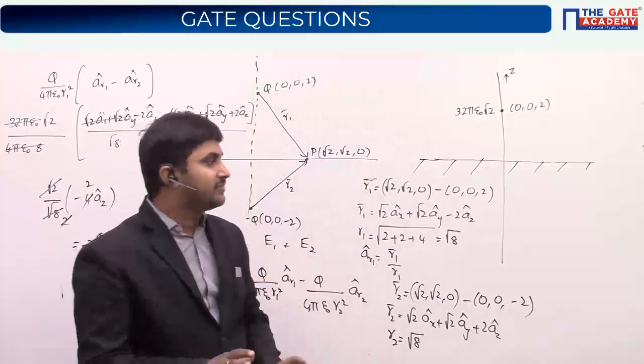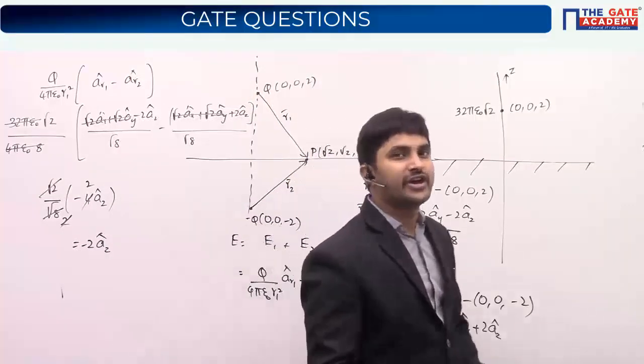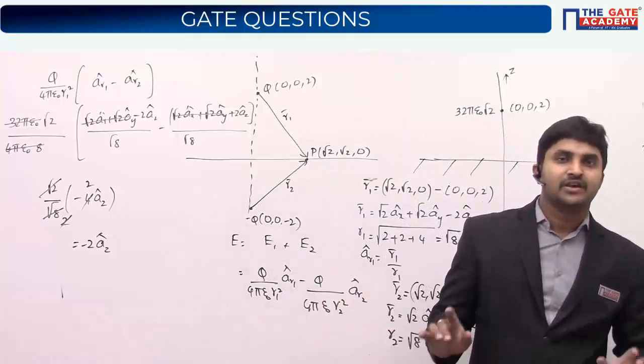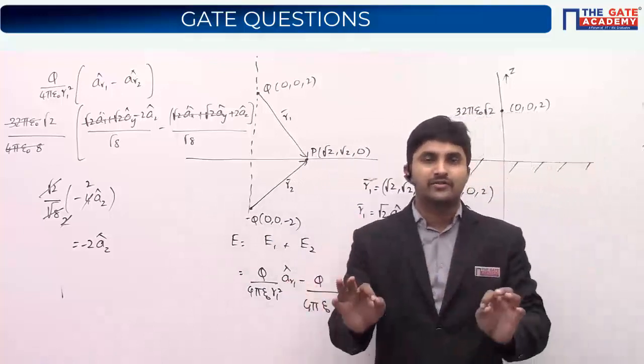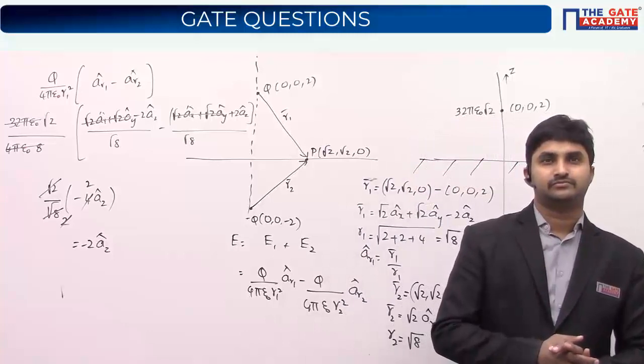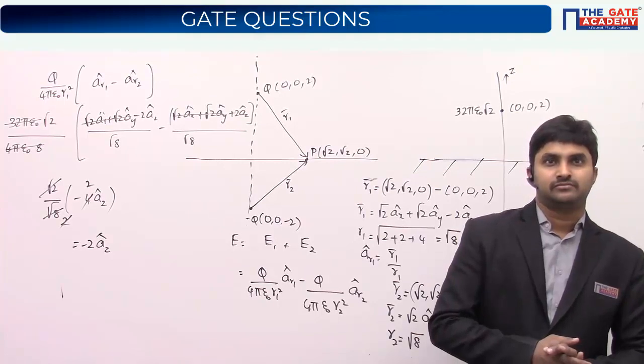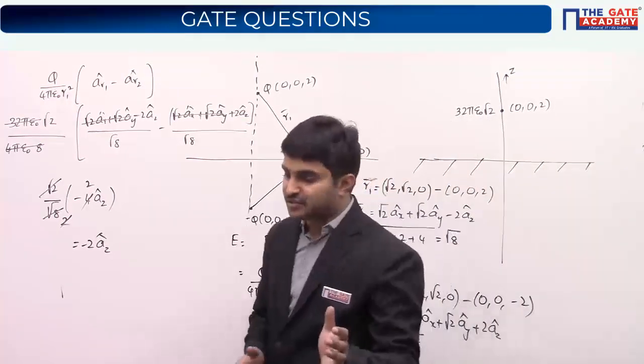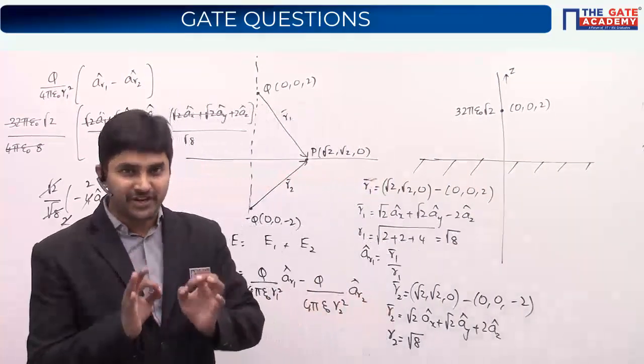So image charge is something that you will always keep whenever you have a metallic plane. Vijit, I think this answers your question also.